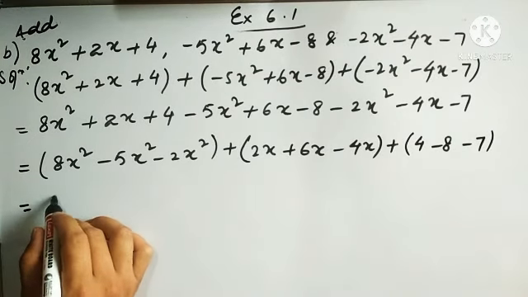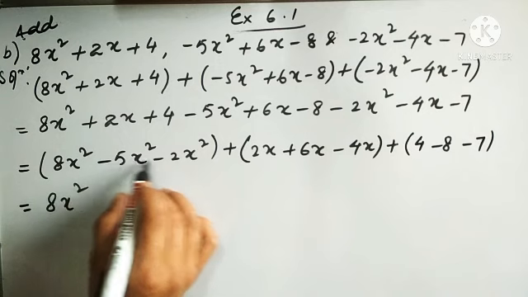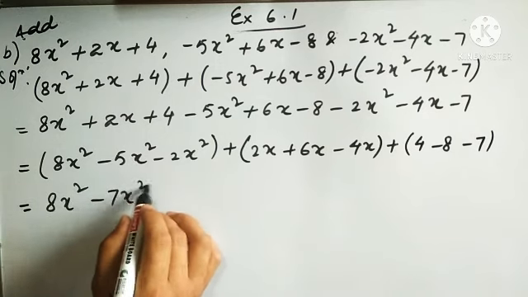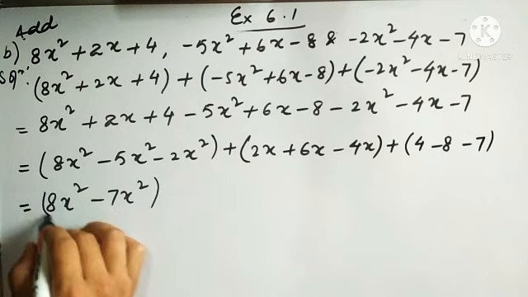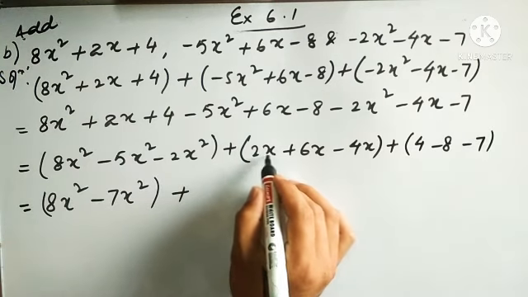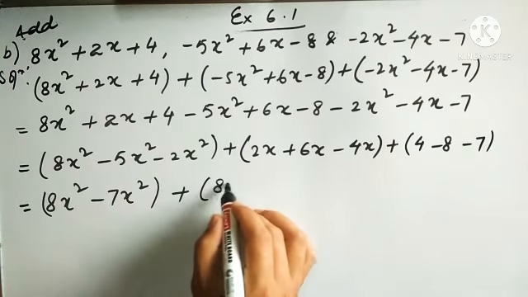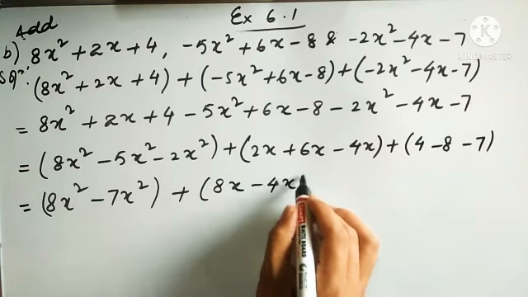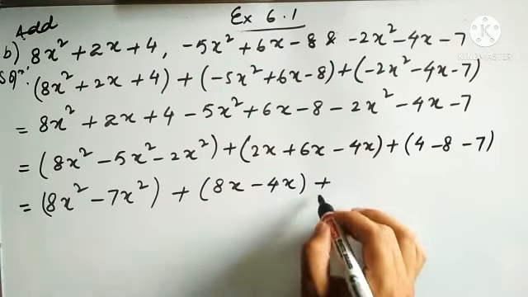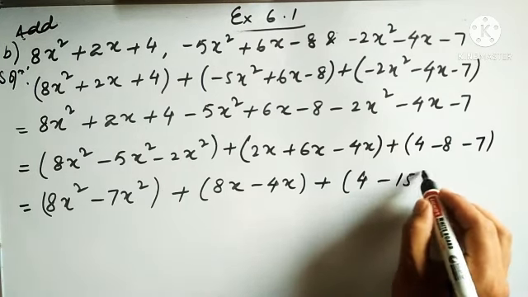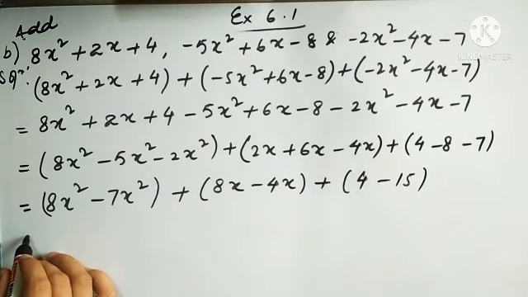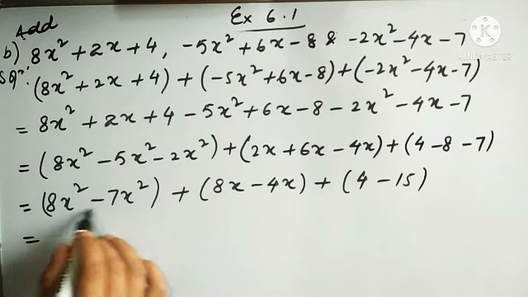Okay, so I can write 8x square minus 7x square. Minus 5 minus 2, you'll get minus 7, of course. And then plus twice x plus 6x, we have 8x minus 4x. Then plus 4 minus 15. Then we have 1x square.